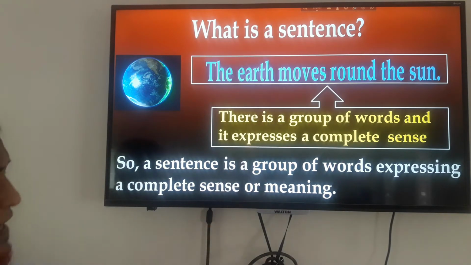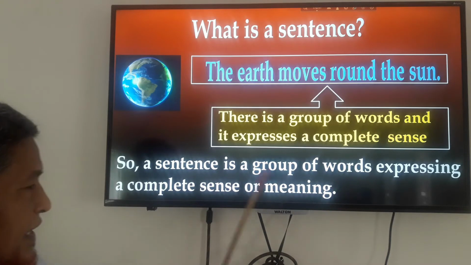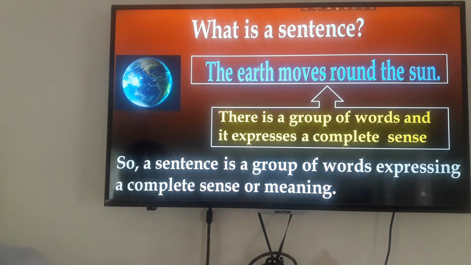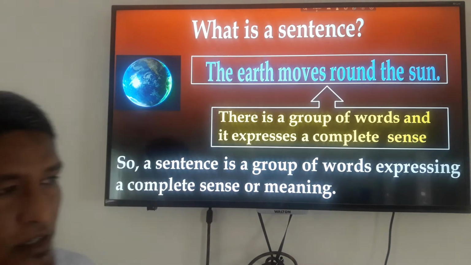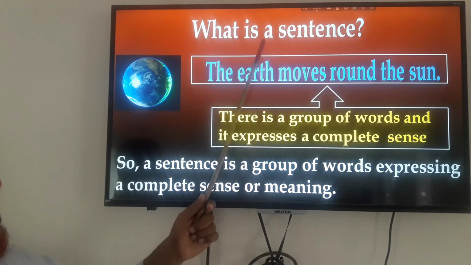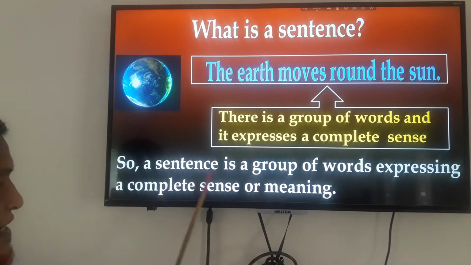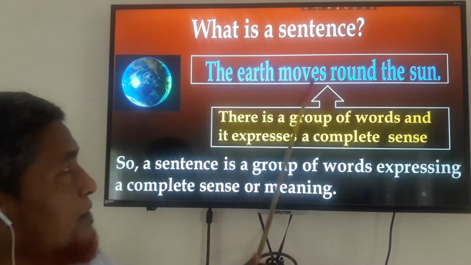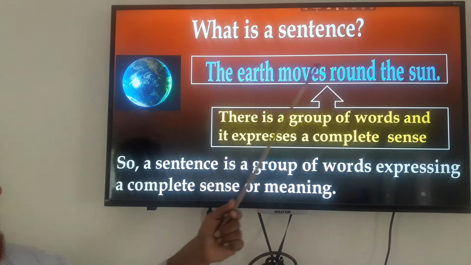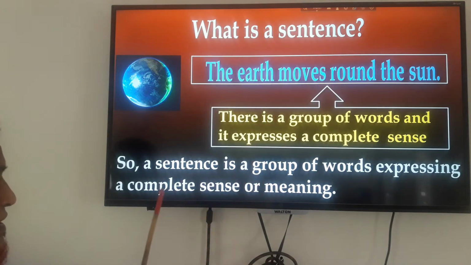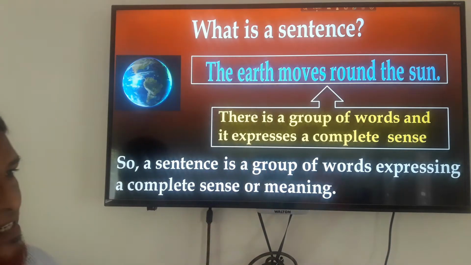So, we can say that a sentence is a group of words expressing a complete sense or meaning. Okay? So, we have learned here what is a sentence. You see here, here are some words and it expresses a complete sense or meaning. So, we can say that it is a sentence.